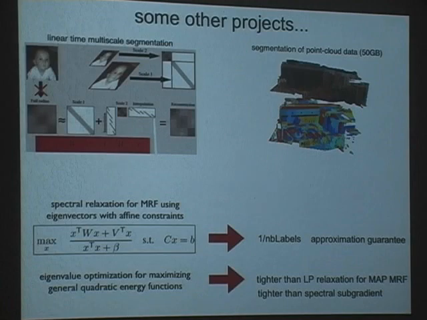Just very briefly, some other projects I've worked on. So linear time, multi-scale segmentation, and some segmentation of large point cloud data. And on the inference side, I have designed a spectral relaxation for solving Markov random fields for the MAP problem using eigenvectors with affine constraints, which encode site per site constraints.